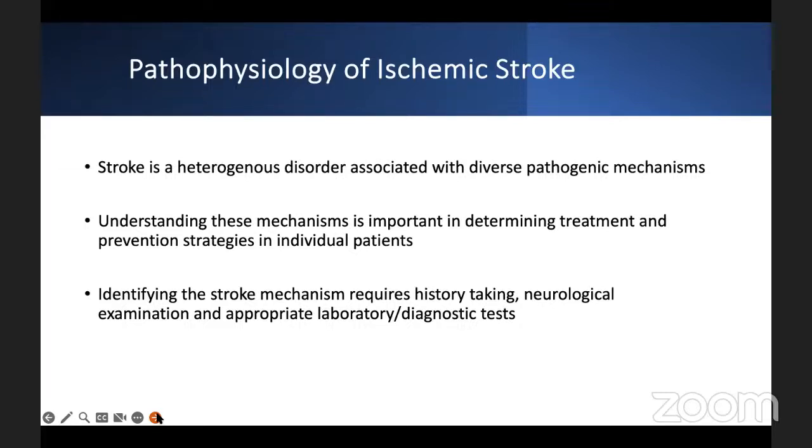Or you can have a plaque in an artery that will rupture and then travel through the vessels and block an artery in the brain. So although you see an infarct, this infarct is coming from a ruptured atherosclerotic plaque. Or sometimes the very small vessels in the brain can be blocked and you can have an infarct. So the mechanisms for getting an infarct are diverse.